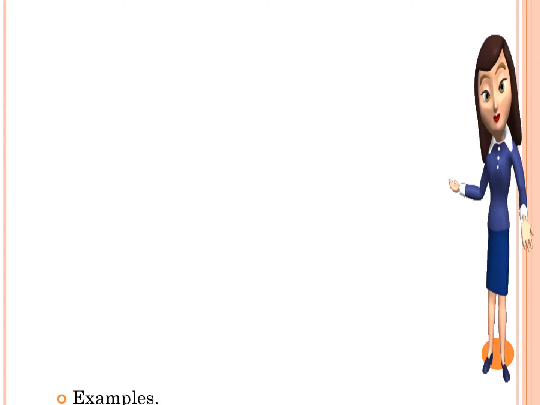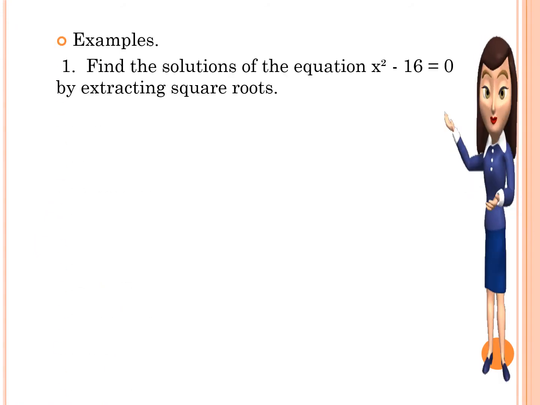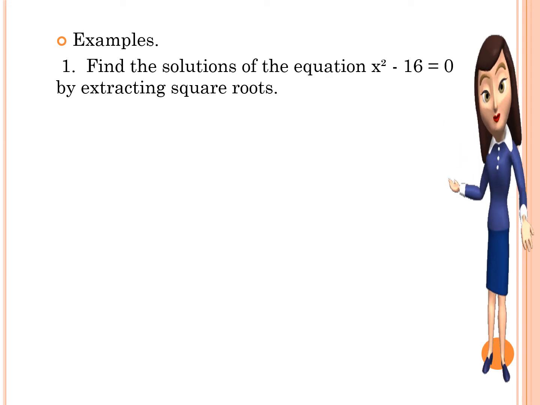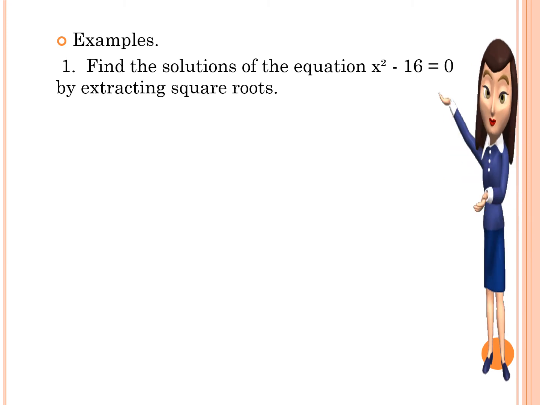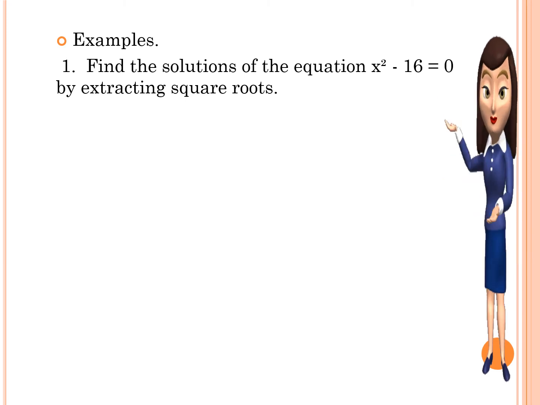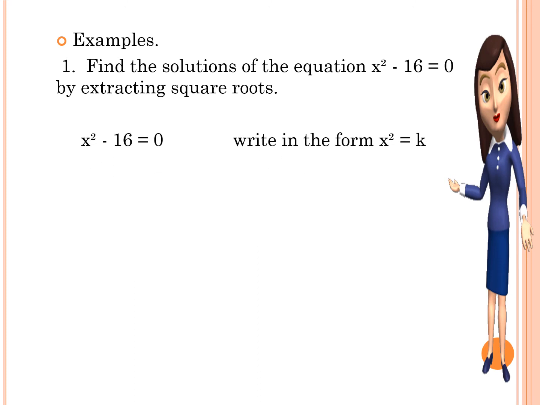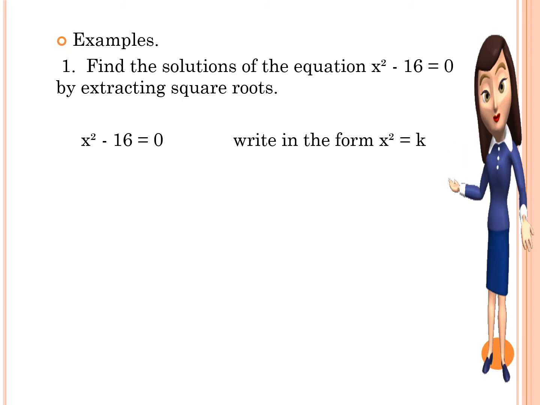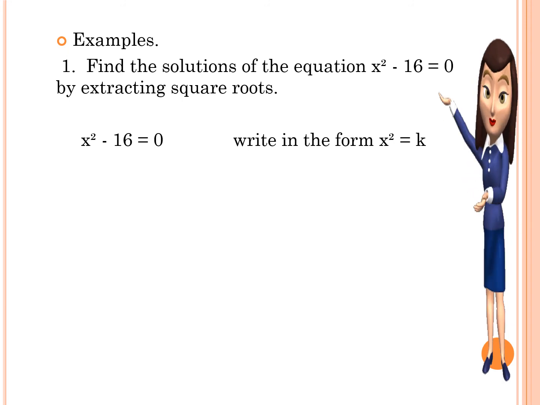Okay, sample number 1. Find the solutions of the equation x squared minus 16 equals 0 by extracting square roots. Our given is x squared minus 16 equals 0. Write in the form x squared is equal to k.